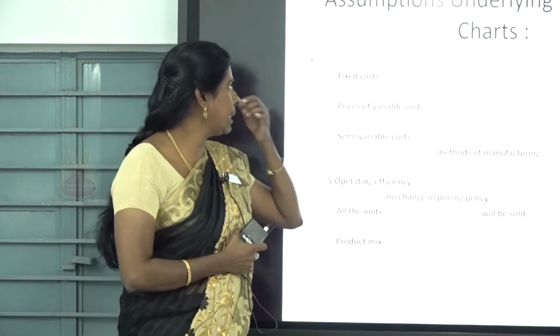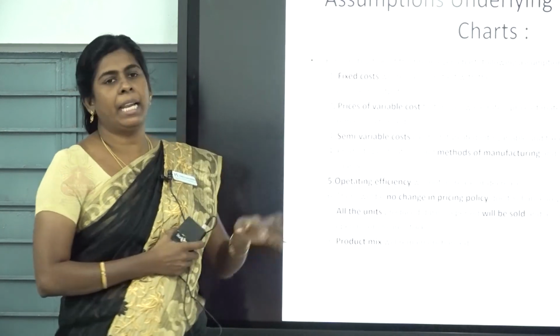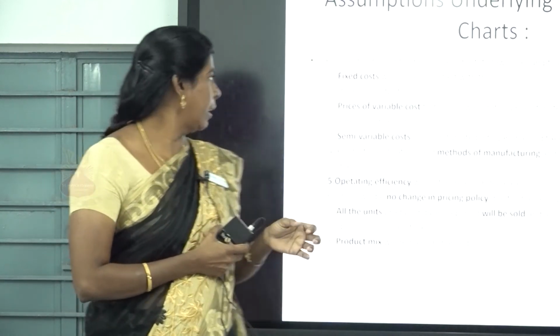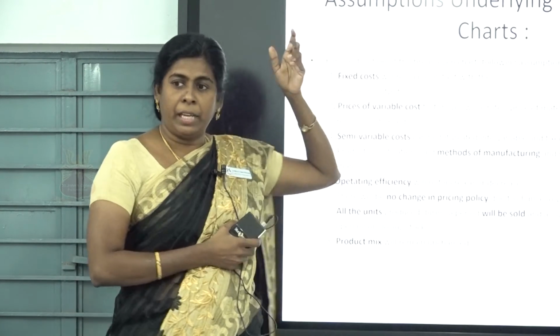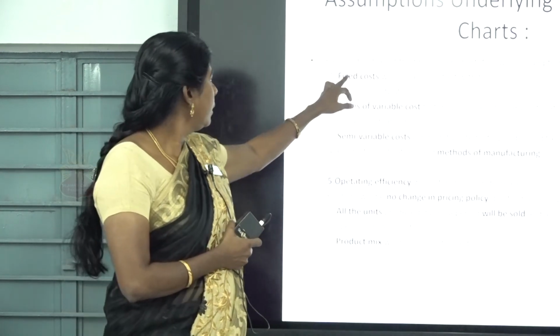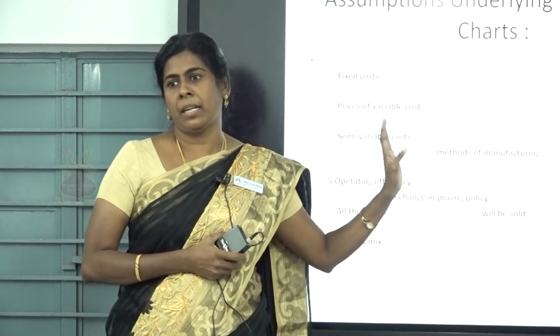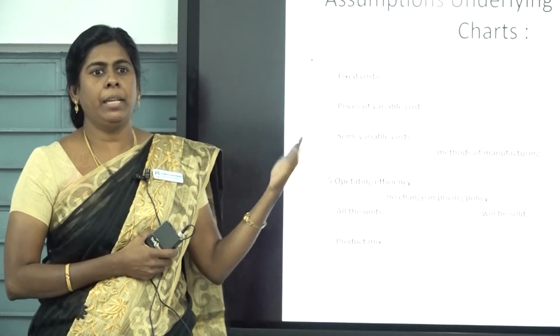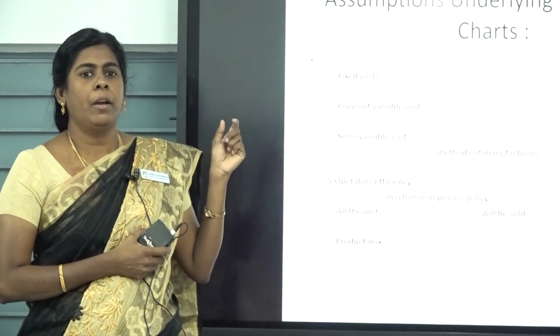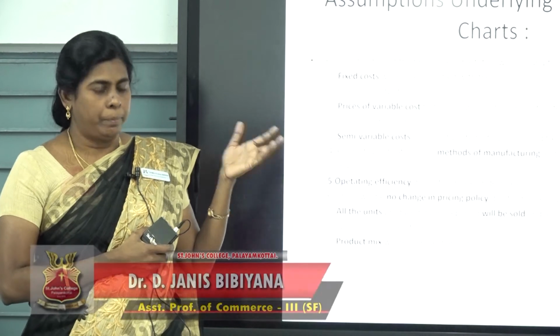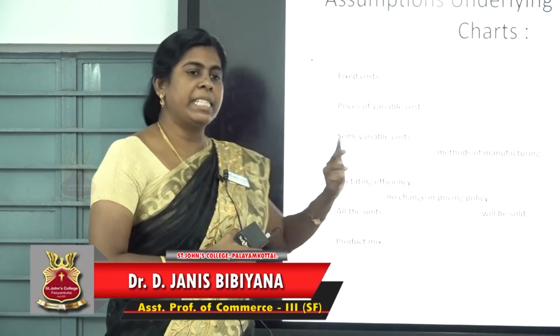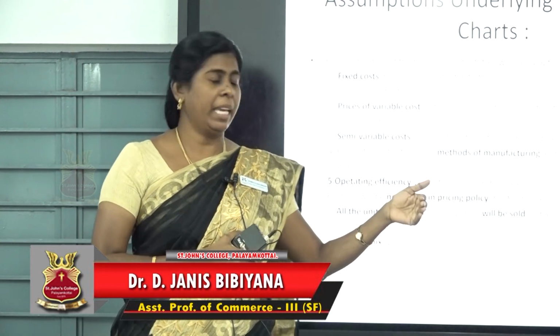Next, let us see the assumptions underlying the break-even chart. Here, we also know that fixed cost remains constant. Whatever volume of products we produce, fixed cost never changes to some extent.